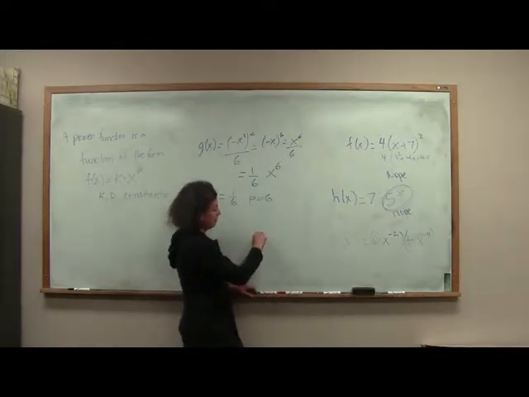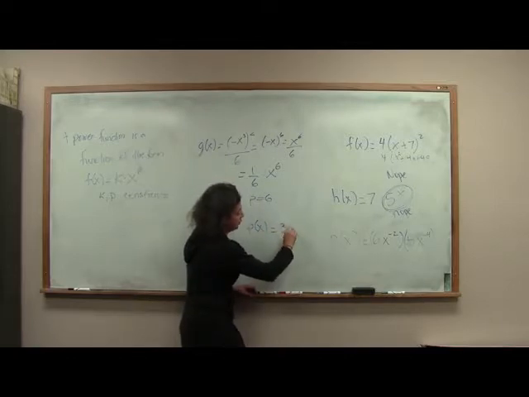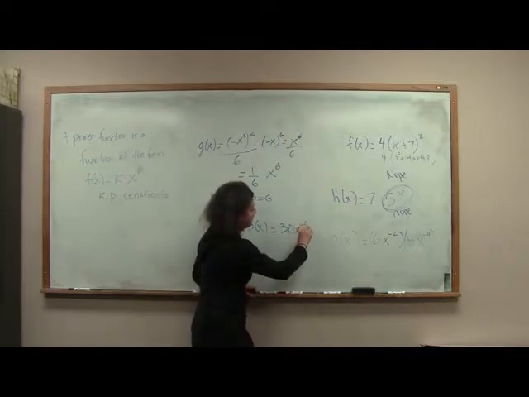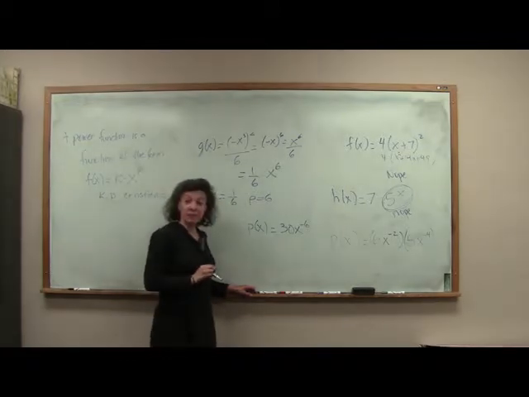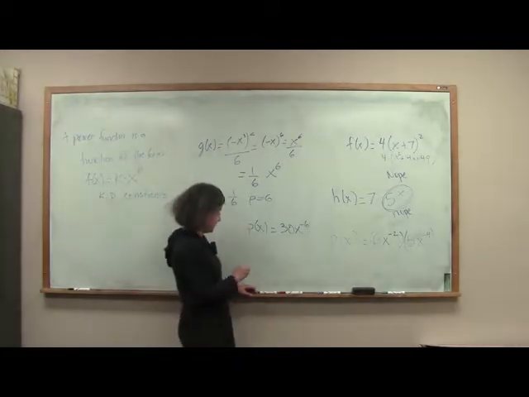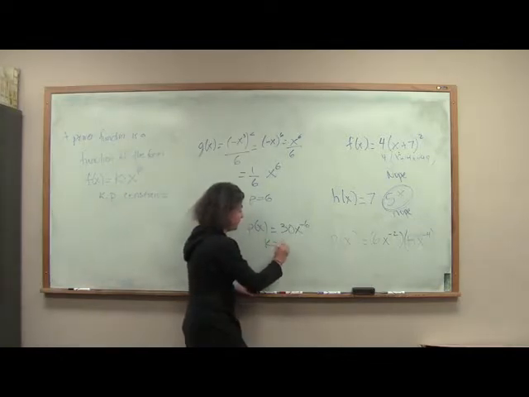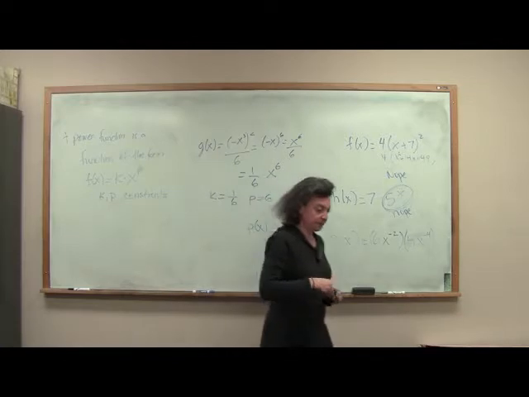I think you'll grant me if we multiply that out, we're going to get p of x is equal to 30x to the negative 6th. Is this a power function? Yes, it is. My k is 30 and my p is negative 6.